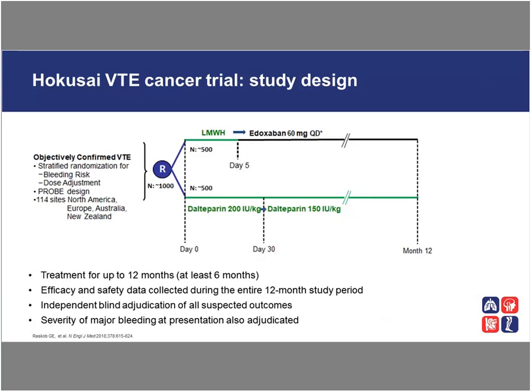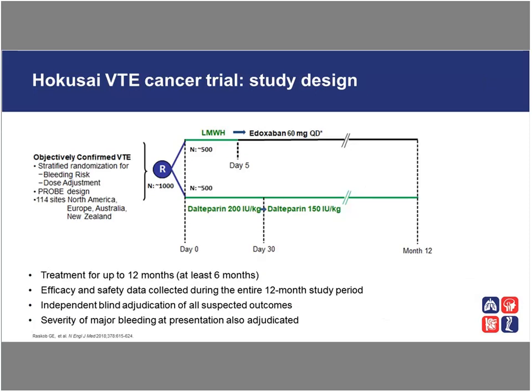So here we have a pictogram or figure that shows the scheme of randomization. Just to let you know that the VTE had to be objectively confirmed, and there was an attempt to stratify patients for randomization based on bleeding risk, and there was a bleeding risk score that was provided, dose adjustment, and in the end, 114 sites in North America, Europe, Australia, and New Zealand were included in this study.